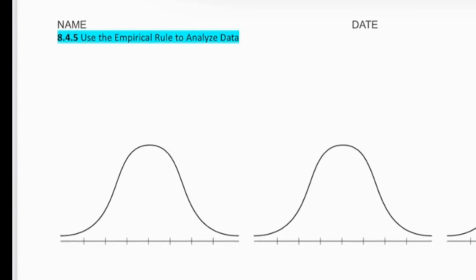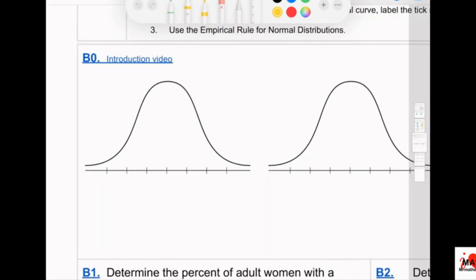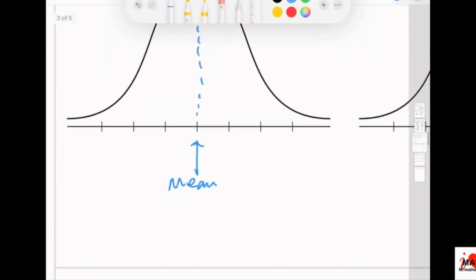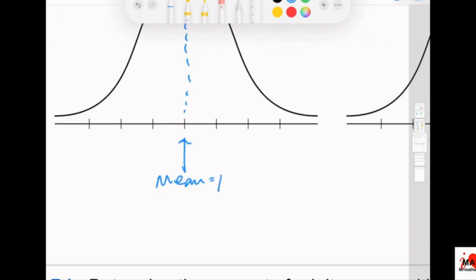8.45, we're going to talk about the empirical rule. Okay, let's just do some basic definitions again. Right here in the middle of a normal curve is something called the mean. We talked about previously in a previous video, this is the mean for the population, and this one is called a sample mean with x bar.